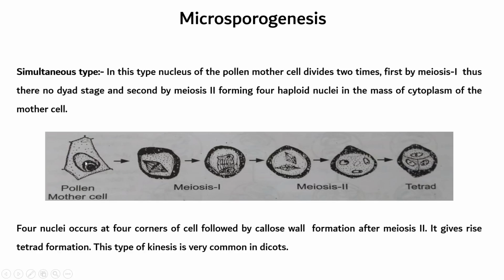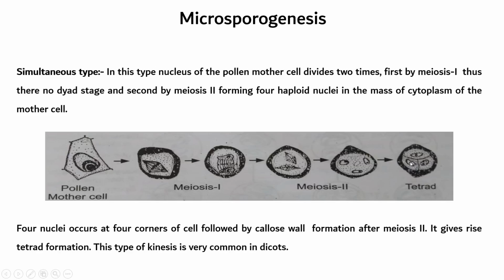Now see in this diagram, this is the pollen mother cell. Meiosis first results in the formation of 2 nuclei. They are freely swimming in the cytoplasm of the parent cell, and when meiosis second takes place, it develops 4 nuclei: 1, 2, 3 and, at the backside, 4.